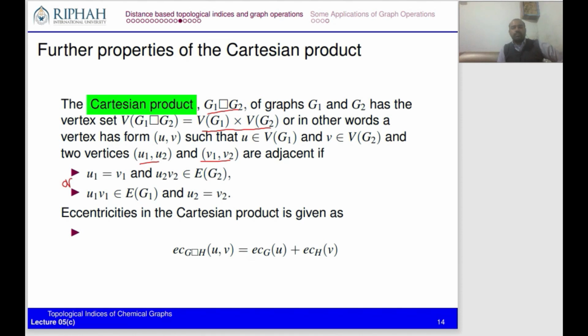This is the definition of the Cartesian product, and we have a next result about the eccentricities in the Cartesian product. In the Cartesian product, a vertex is labeled as (u, v). The eccentricity of (u, v) is the eccentricity of u in graph G plus the eccentricity of v in graph H. This is the main formula which we use in our definition to find eccentricity-related topological indices.